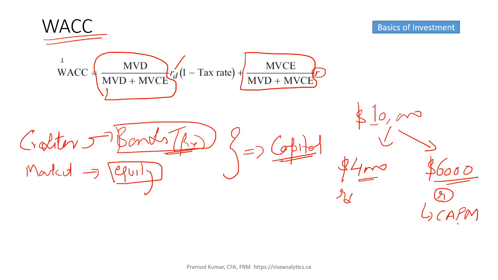You can check my channel and search, and you can easily find it. There are some other models, like the Fama-French model and the bond yield premium model, but CAPM is quite famous in the market and easy, so just for your knowledge.